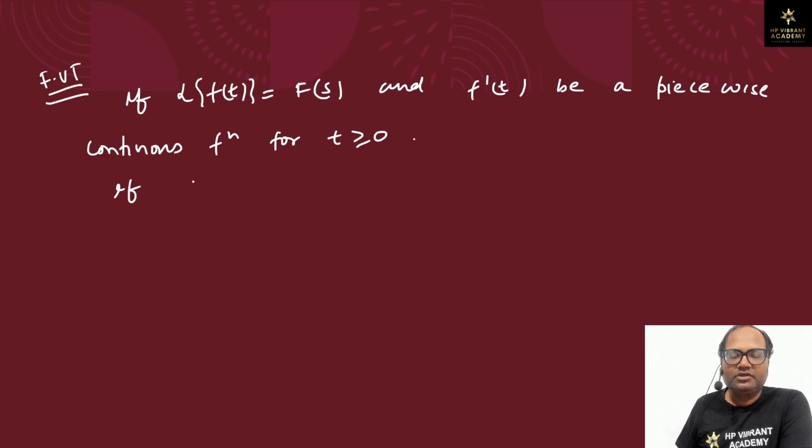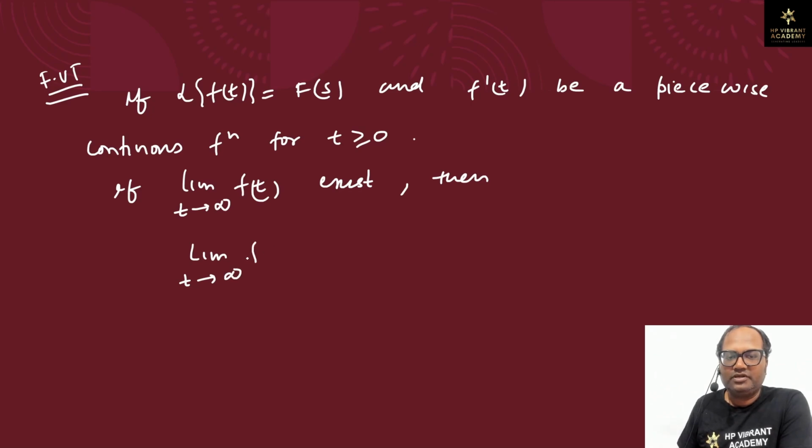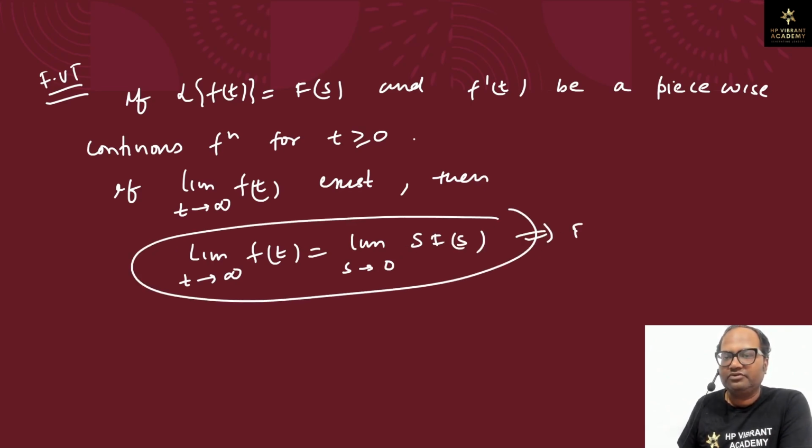If limit t tends to infinity f of t exists, then limit t tends to infinity f of t is equal to limit s tends to 0 s F of s. This is the expression for the final value theorem.